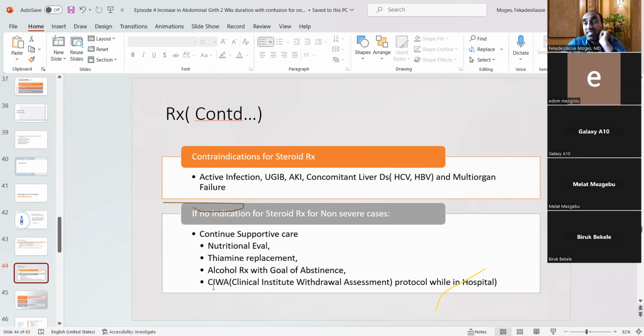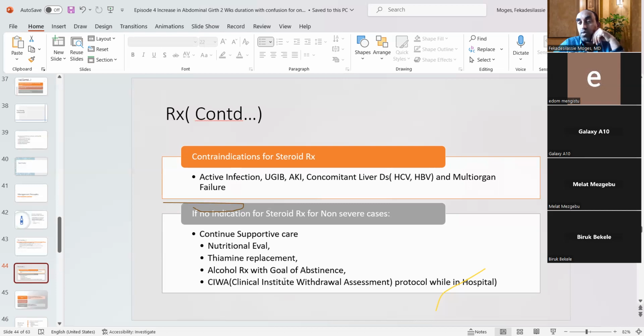If a patient was actively drinking, if the last drink was, for example, yesterday, this patient is high risk for withdrawal, right? And to avoid withdrawal, there is a CIWA protocol, Clinical Institute Withdrawal Assessment. We always put our patients with significant alcohol history on CIWA protocol. And component two, what is it? You may give gabapentin, you may give clonidine to help with the withdrawal symptoms.